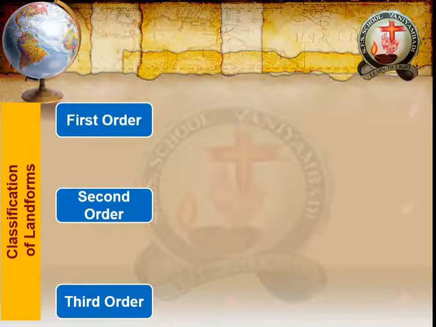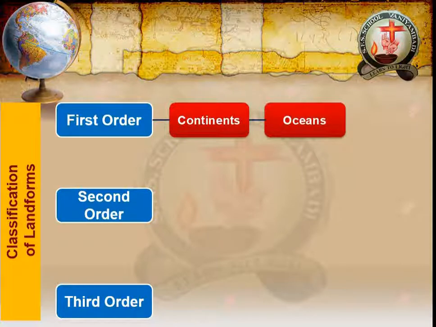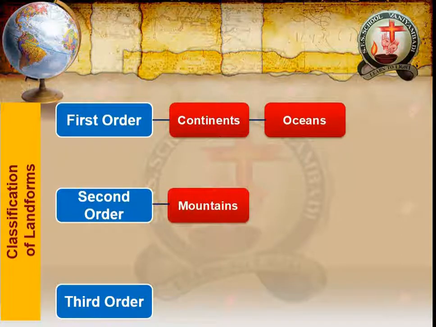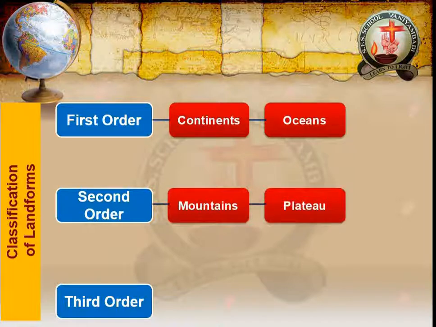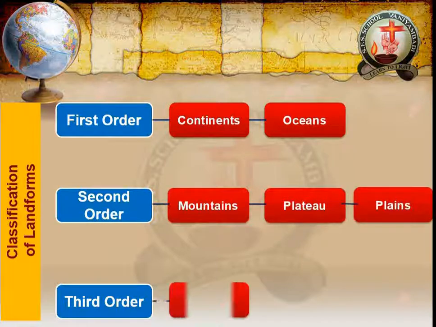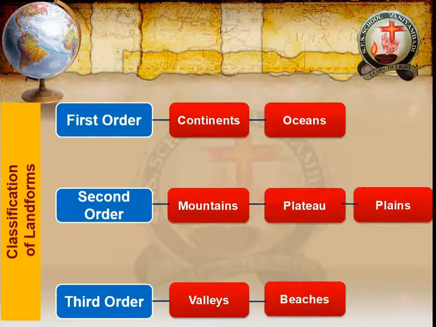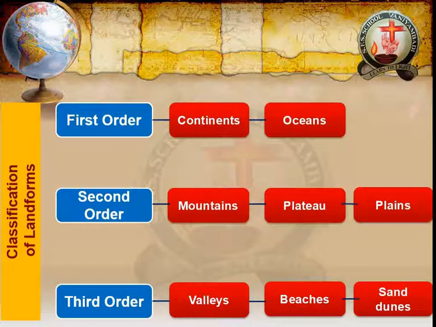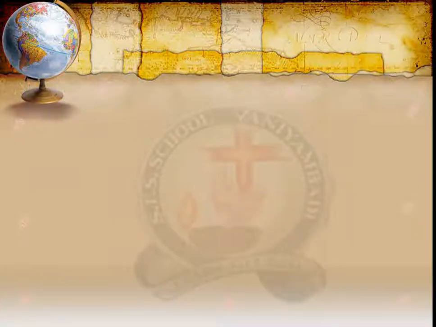The first order has continents and oceans, the second order has mountains, plateaus, and plains, and the third order has valleys, beaches, and sand dunes. So in this session, we are going to discuss only the first order, that is continents and oceans.